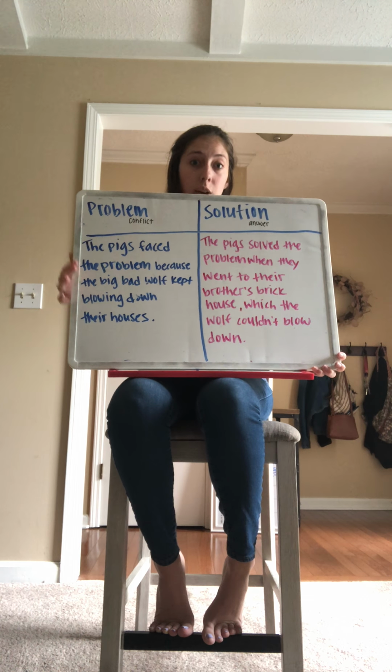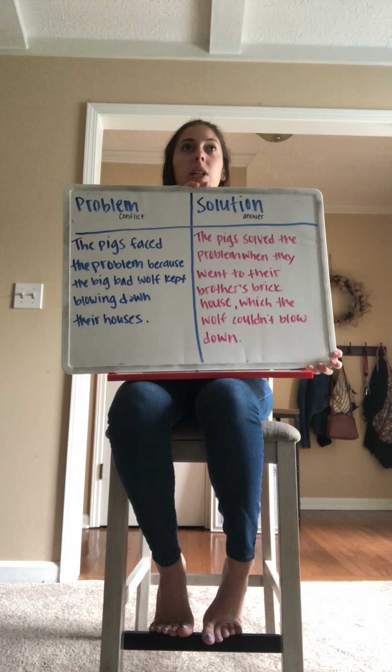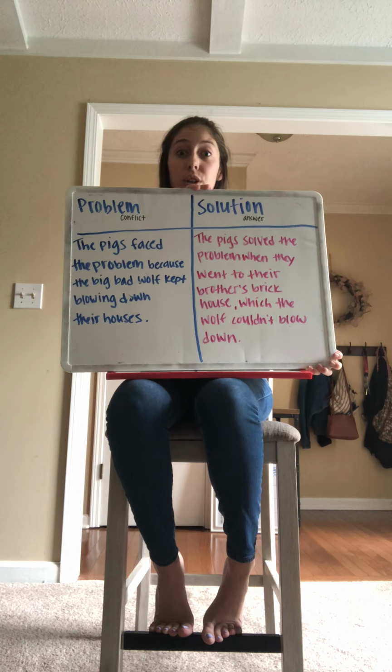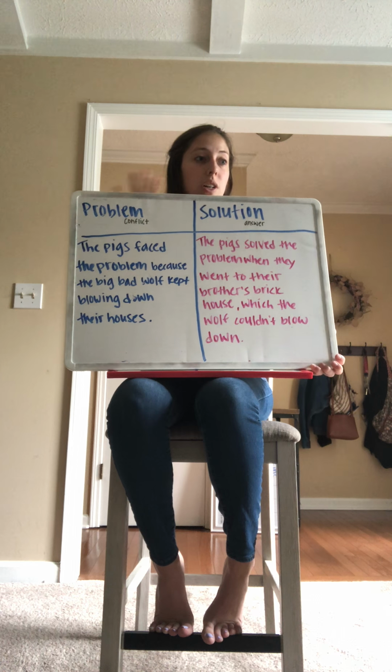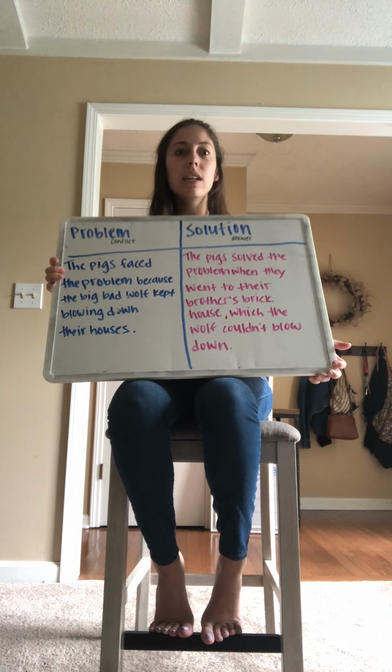Now, the conflict or the resolution, the solution, whatever you want to call it, normally happens at the end of our story. So when I think of the story of the Three Little Pigs and how it ended, I can ask myself, okay, what did the characters do to solve their problems? What did the pigs do? Well, the first two pigs realized, I can't build my house out of straw or sticks.